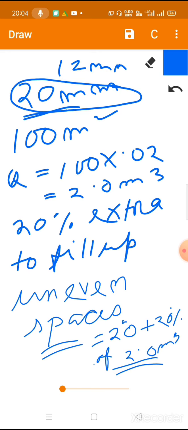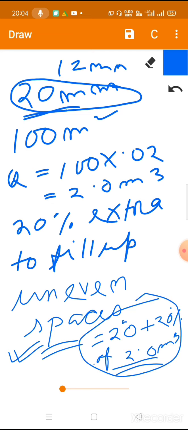And also one more thing, if we are not applying the plastering on walls but on ceilings, then also in this case we will take only 20% extra to fill up the uneven spaces. And this is the wet volume, and to convert it into dry volume we need to take 25% extra of this.